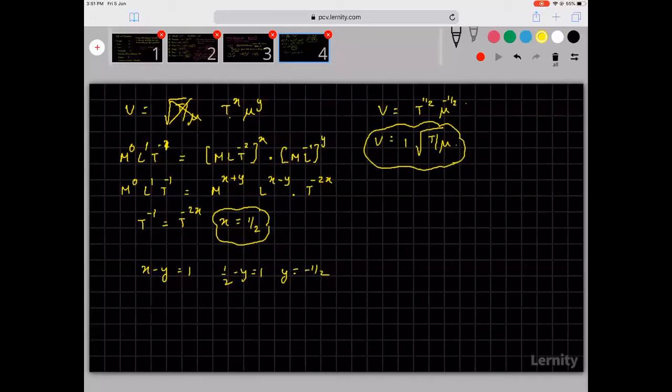So the concept of dimensions helps you arrive at formulas, but the concept of dimensions will not give you the value of constants.